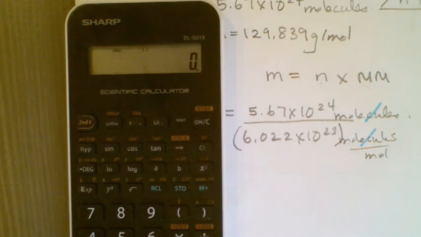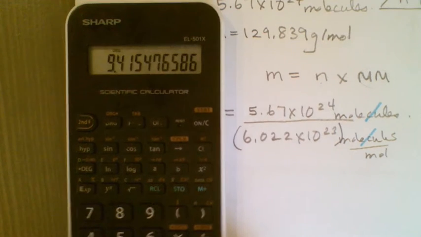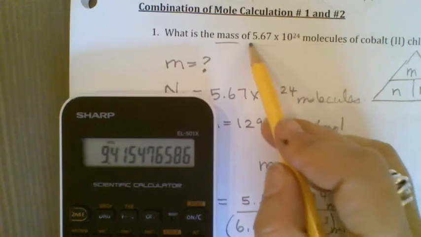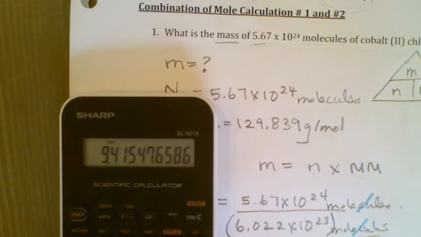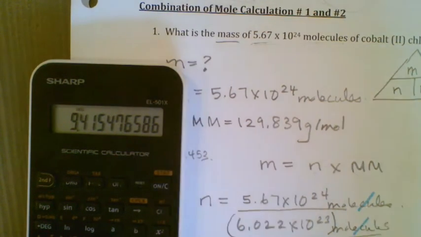So I'm going to use my bracket key: 6.022 exponent 23, close bracket, equals. So I get an answer of 9.41547, and so on. How many digits am I going to report to? Well, I go back to my original question and I see that I have 3 significant digits. So I will keep my answer to 3 significant digits, which gives me 9.42. My units will be moles.